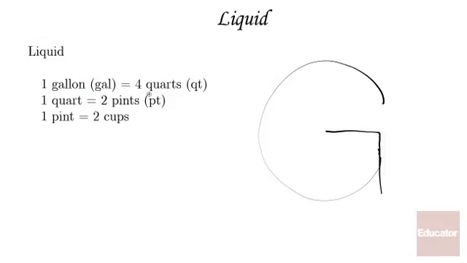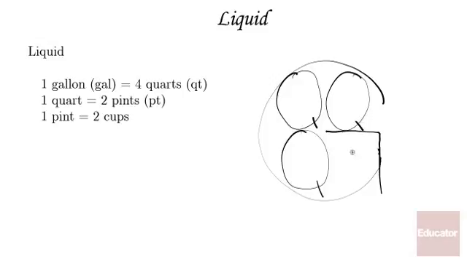Then, since 1 gallon is equal to 4 quarts, I'm going to write 4 Q's in here. So 1, 2, 3, 4. That means 4 quarts, 4 Q's is equal to 1 gallon. Then within the Q's, I'm going to write 2 P's because I know that 2 pints is equal to 1 quart.